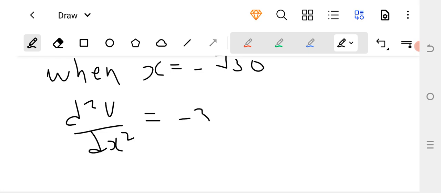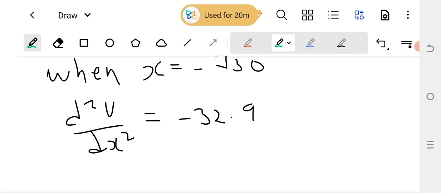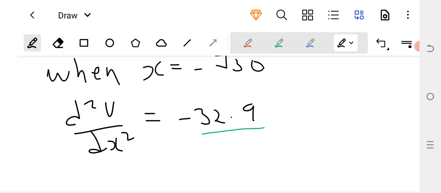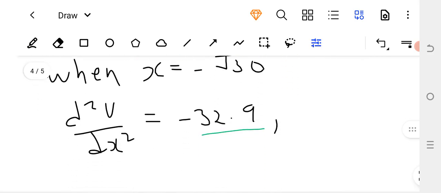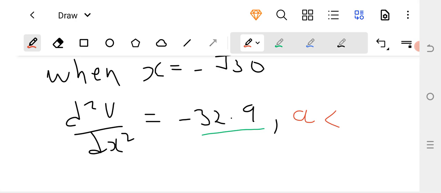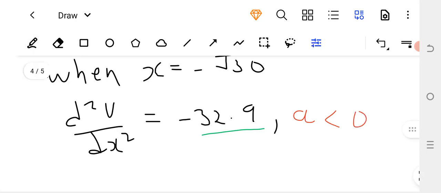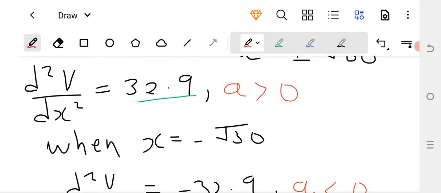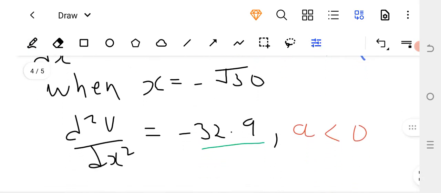You're going to have negative 32.9, and this particular value here will be called a. We'll say a is less than 0, and the particular curve that it would represent, at the stationary point, that's how it would look. Okay, that's the nature of the stationary point.